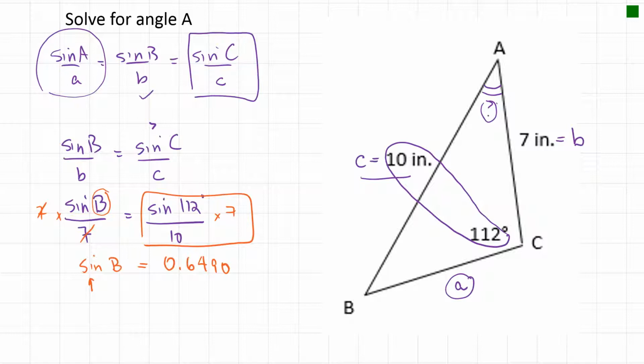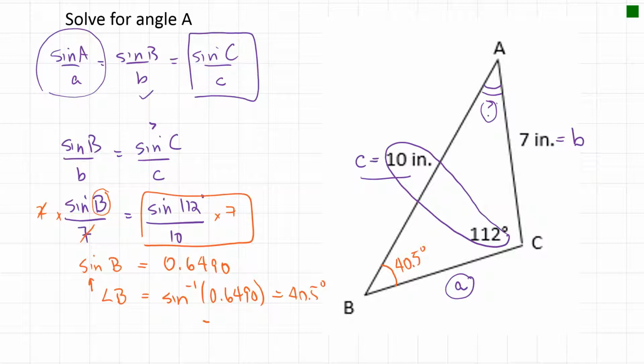Now the next step is to get rid of this sine here. The opposite of sine is taking the inverse sine. So when I take the inverse sine, it'll disappear on the left side, and I'll get angle B equals the inverse sine of 0.6490, and you should get an answer of 40.5 degrees. So we know angle B is 40.5 degrees.